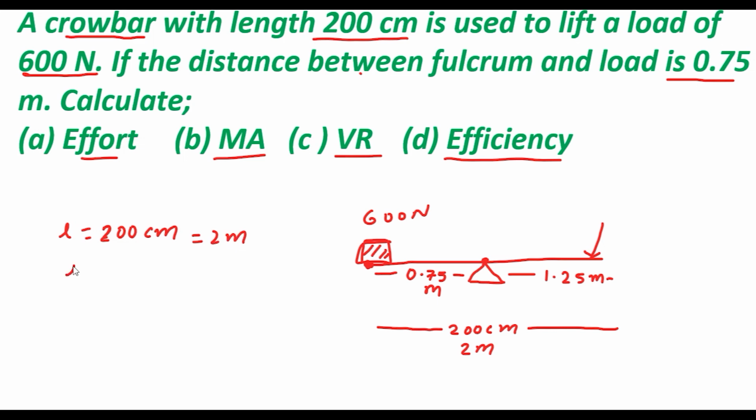If the load distance is 0.75 meter, then total length equals load distance plus effort distance. Our length is 2 meter, this is load distance 0.75 plus effort distance.